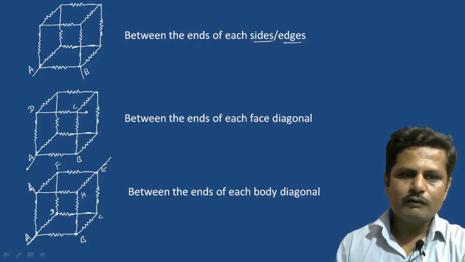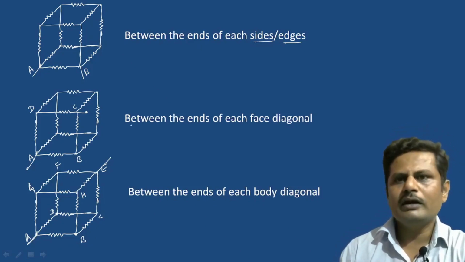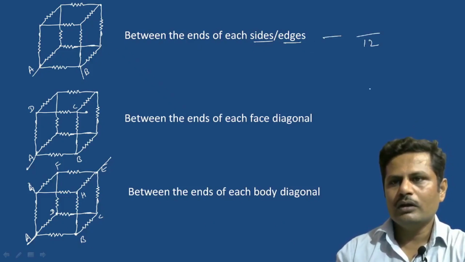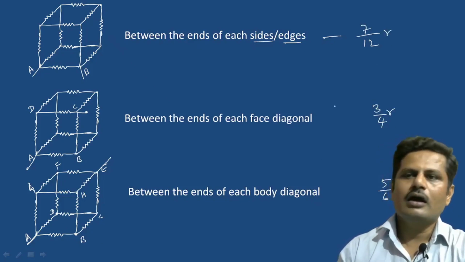Suppose they ask you to find out the effective resistance between the ends of the body diagonal, how to find out? Just keep in your mind that you can write here: 1, 2, 3 by 4, 5 by 6, 7 R. This is the resistance.